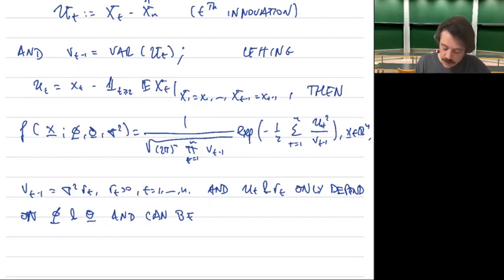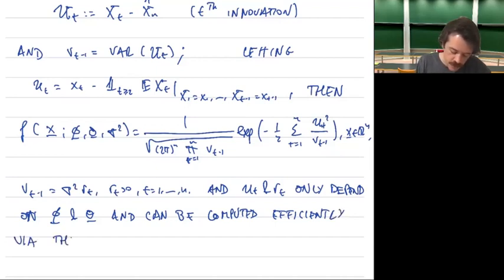Not the parameters, but the u_t and the r_t can be computed, using an algorithm that we're not going to see, but efficiently via the so-called innovations algorithm.